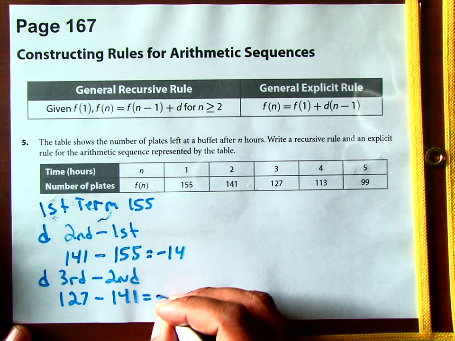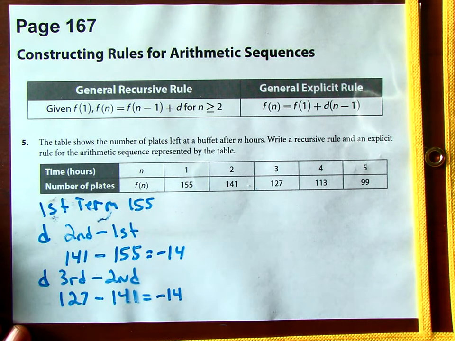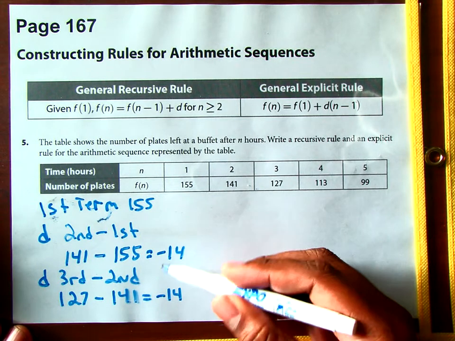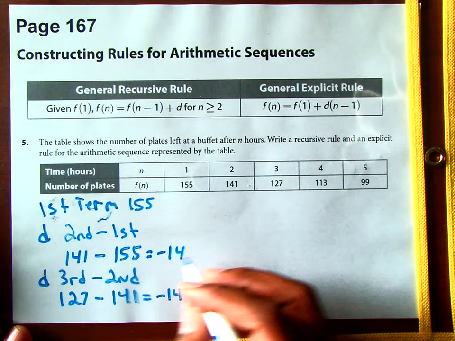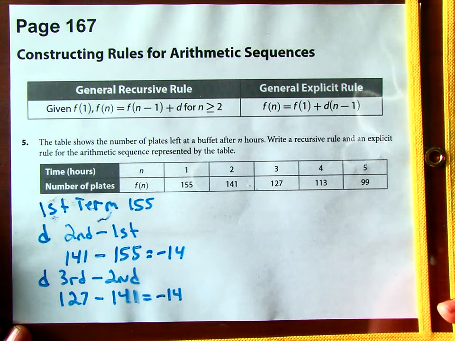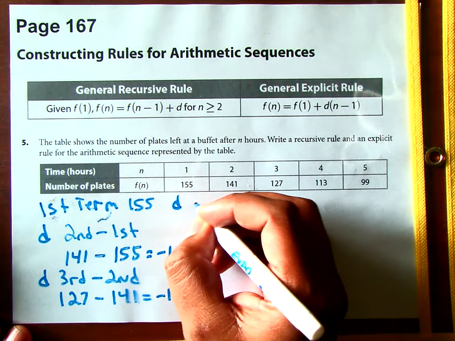And that's going to get us negative 14. It's important to do the next term minus the previous one. That way you make sure your signs are okay. So we know that d is going to equal negative 14, and that's the common difference. As a matter of fact, I'm going to write it right here.